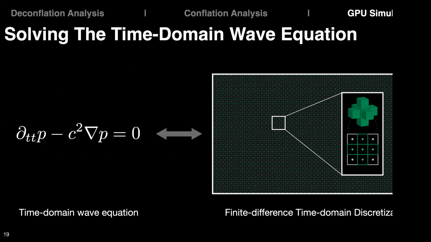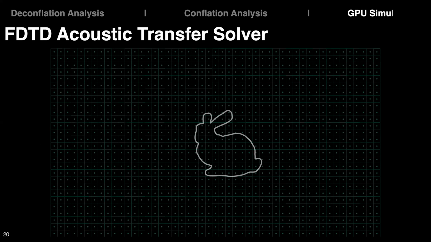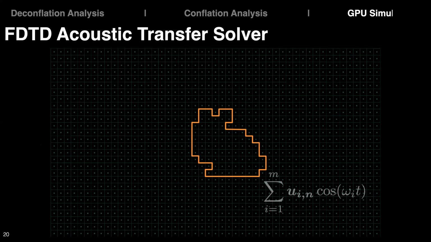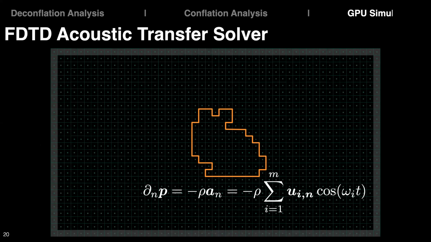So we do this on a finite difference grid on a GPU wave solver. You just basically rasterize the boundary or do something better than that. And then at every boundary condition, you sum up the different oscillations due to each of the mode's frequencies. And this is basically what you simulate in a box with an absorbing boundary condition.